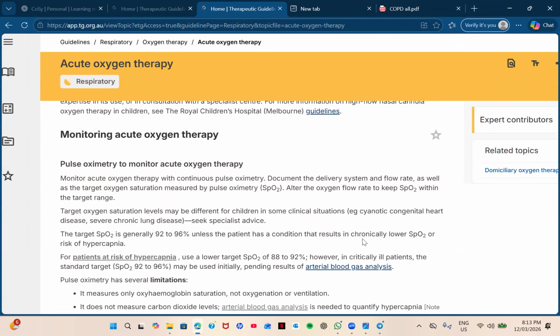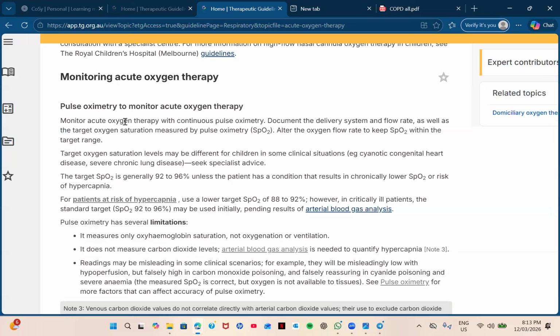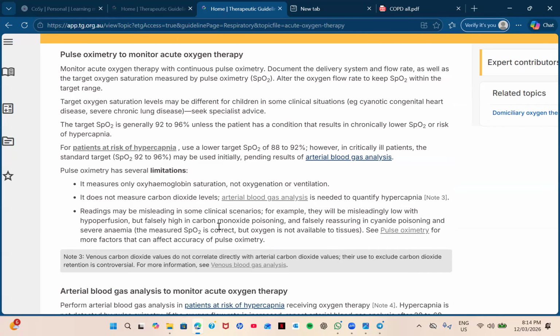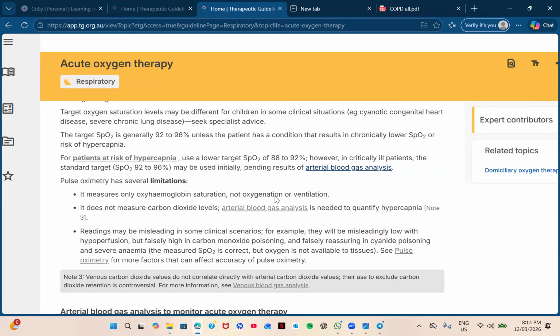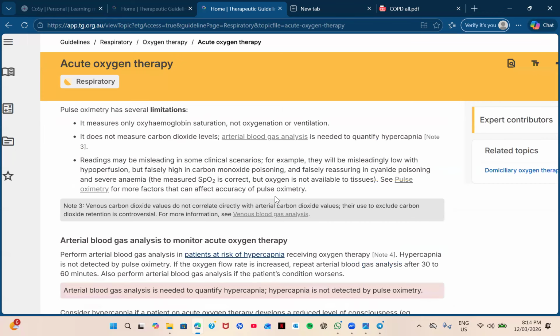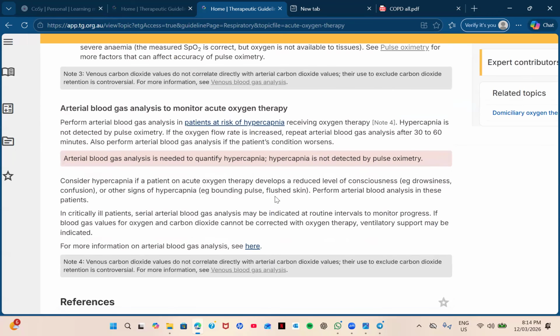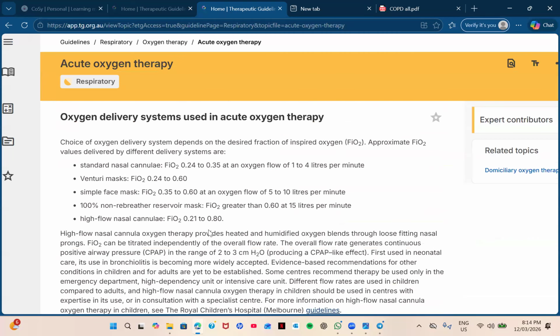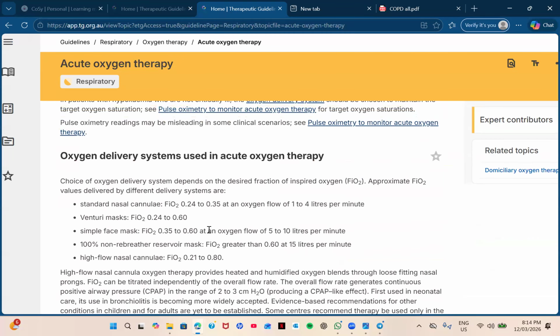So, what is the acute management of oxygen therapy? Monitor acute oxygen therapy with continuous pulse oximetry, document the delivery system, and the target oxygen saturation level may be different from children. They have not mentioned anything properly here.